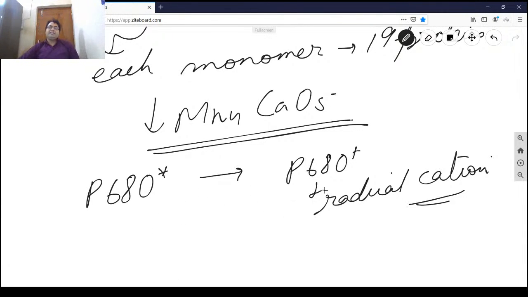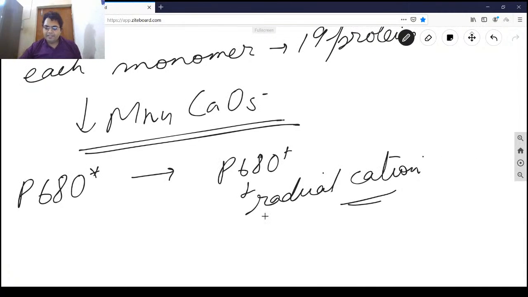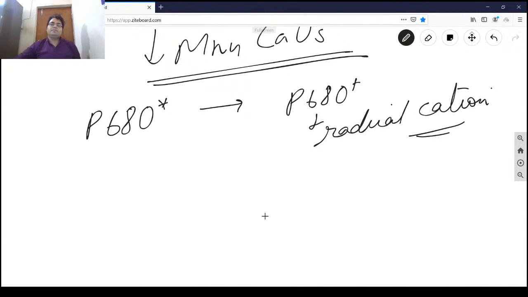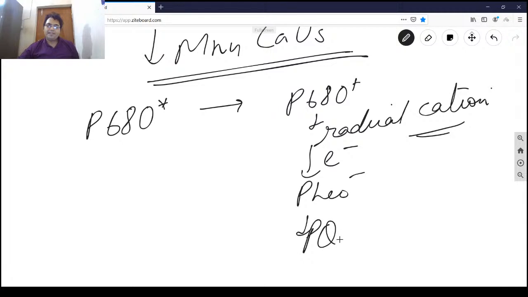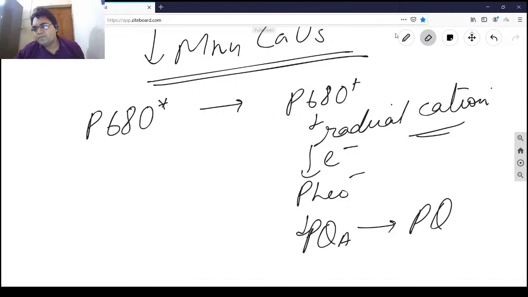P680, one electron gone, it will release the electron to pheophytin. Pheophytin will become negative. It will transfer it to PQA. It will transfer it to PQB. PQB will become a radical.